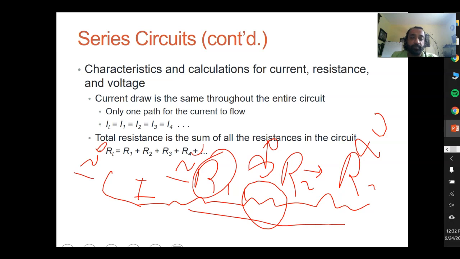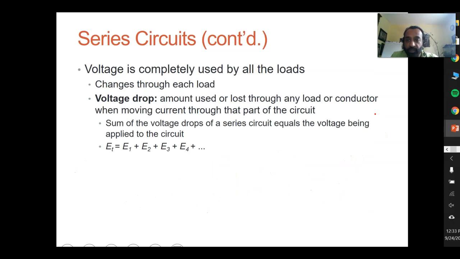Same thing if you have a big pipe with a lot of flow of water and three faucets in series. The first one will have a lot of flow, the second one will have semi-flow, and the third one might not have anything at all if the other two are open. Okay. Moving on, the voltage will be the sum of the voltage drops of the entire circuit, which makes sense because if you have a lot of pressure, the first one will get all the pressure, then it keeps dropping.